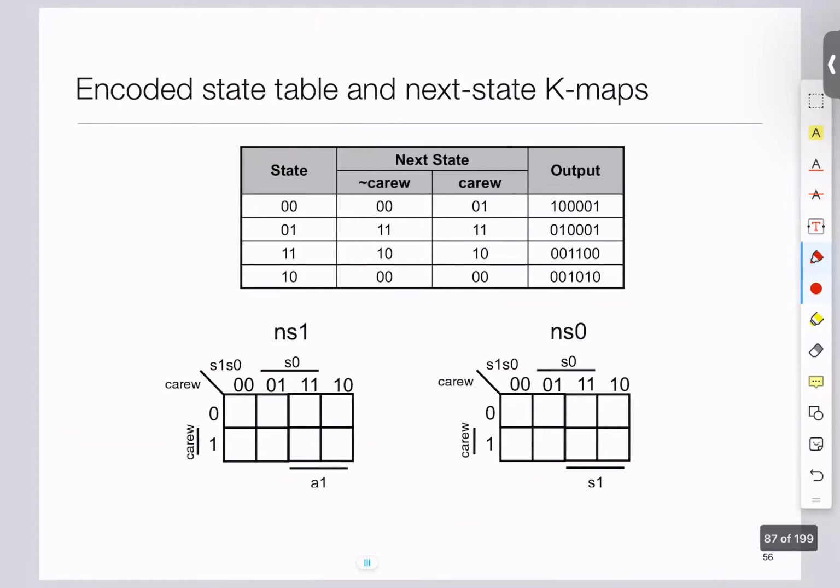So let's say that the two next state bits are NS1 and NS0. And I have 3 inputs: Kari's, twist, and then S1 and S0. So I have really 2 Karnaugh maps, one corresponding to these bits, and the other corresponding to the other 2.